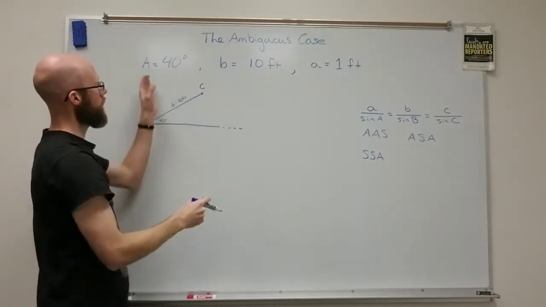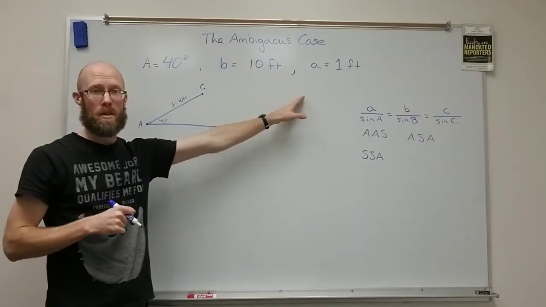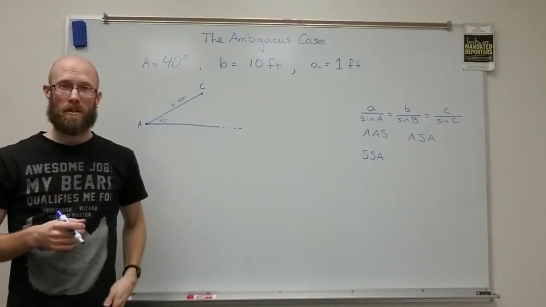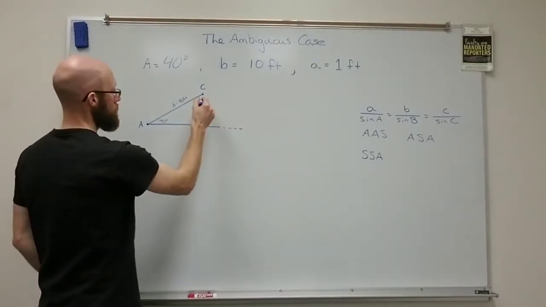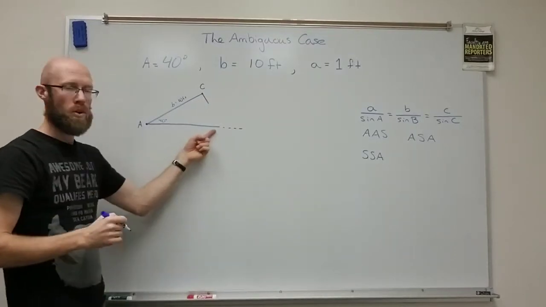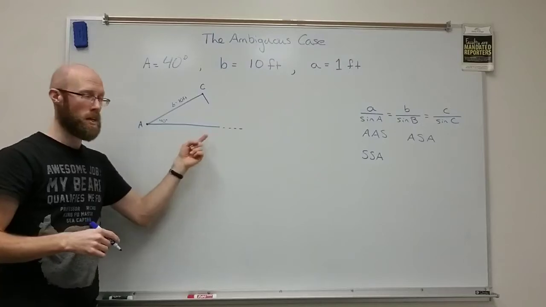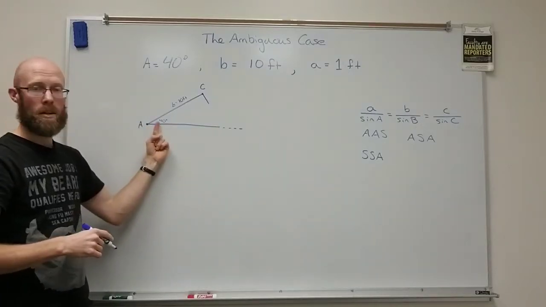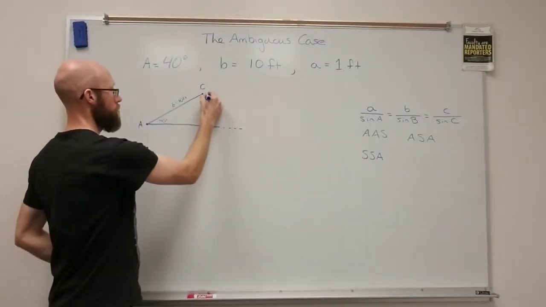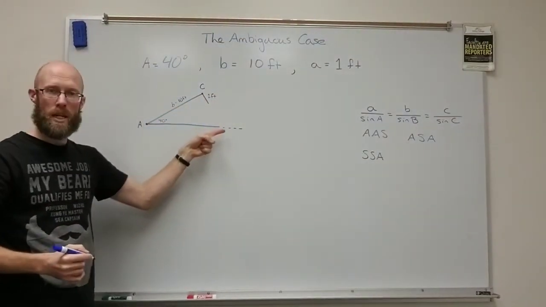Now, I don't know what angle C is, but remember, I should be able to solve this with just 3 pieces of information, so I shouldn't need side C. That should be one of the things I can find. The problem is with side A being only 1 foot, it's not going to reach the other side. The other side here is fixed because of my 40-degree angle. And if this is just 1 foot, there's no way it's going to reach all the way down.